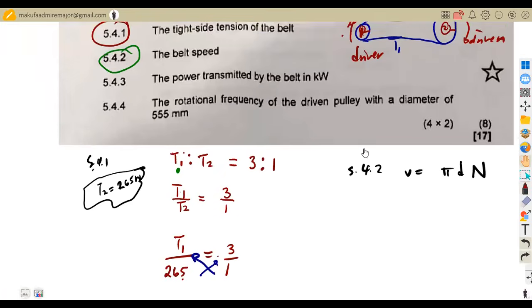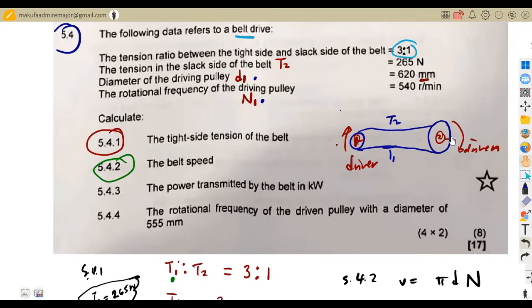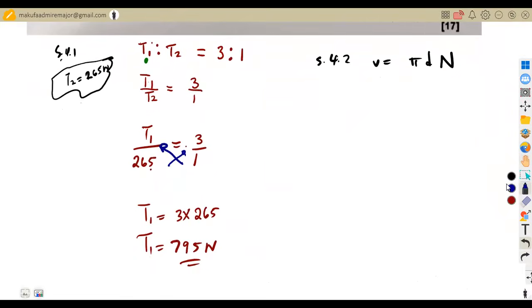Let us check. The diameter that we have is D1, and the rotational frequency is also for the first one, which is N1. So on our formula we are going to make adjustments: V is equal to pi D1 N1. We are substituting from the first one, which is the driver.